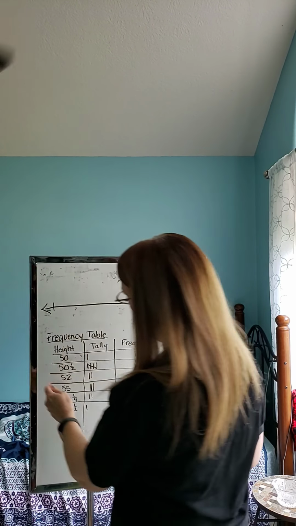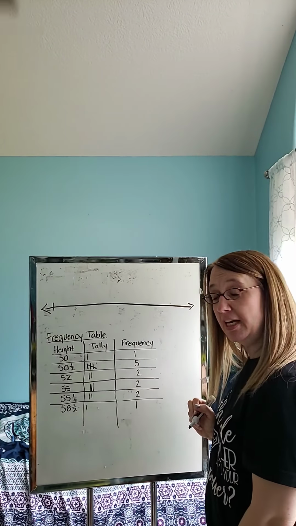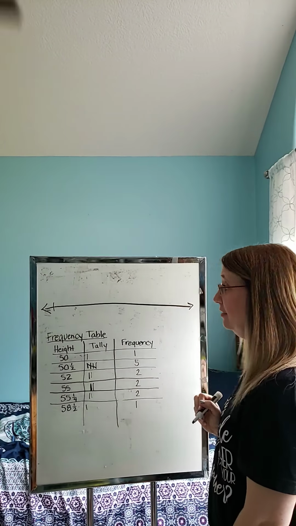Now, the highest number is going to be 58. I'm going to leave some space here. 50, 51, 52, 53, 54, 55, 56, 57, 58. It's barely going to fit here.